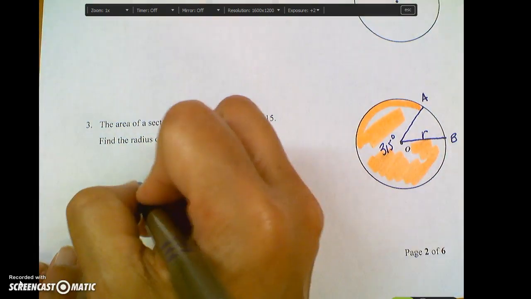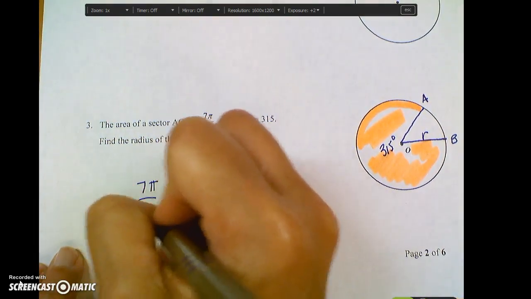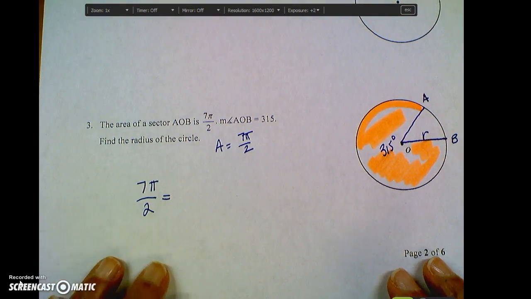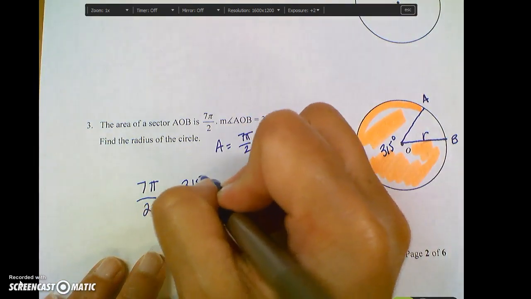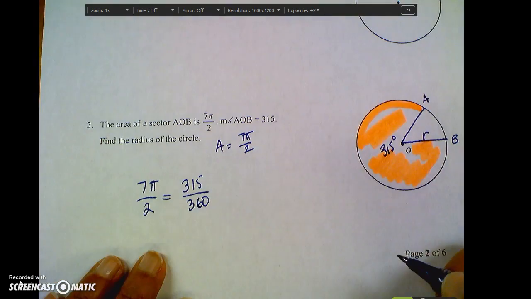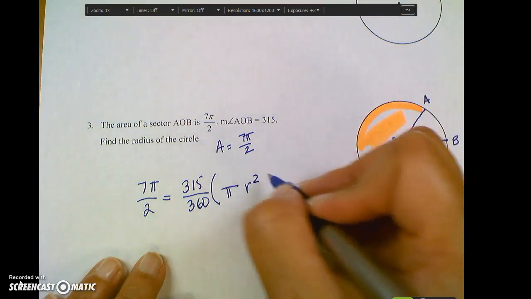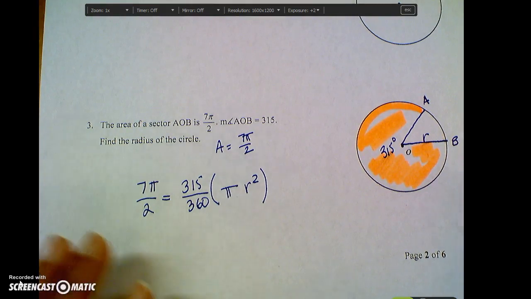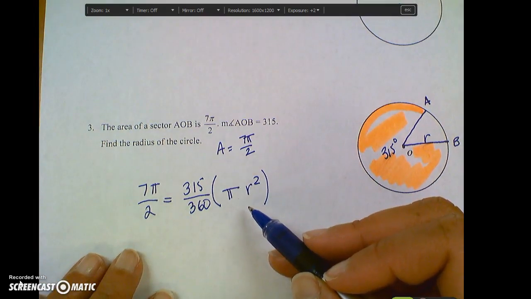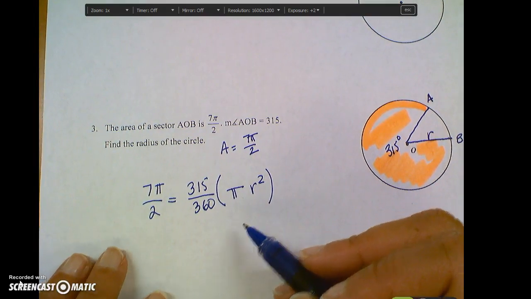That's our missing value. So I know the area of the sector is equal to the central angle over 360 times pi r squared, the area. We don't know r, so the best we can do is put an r in here. Okay, so we're going to clean this up.